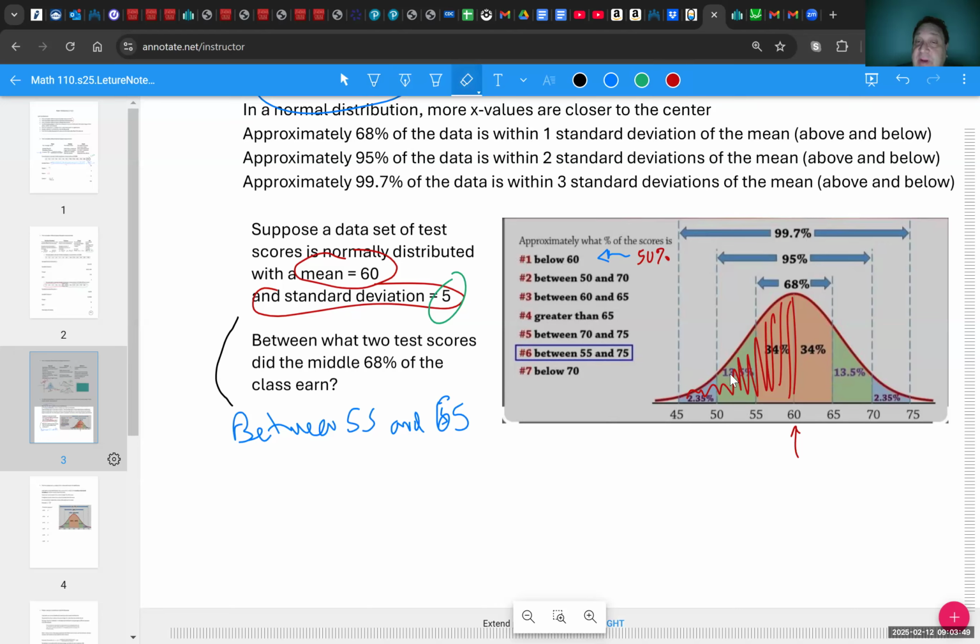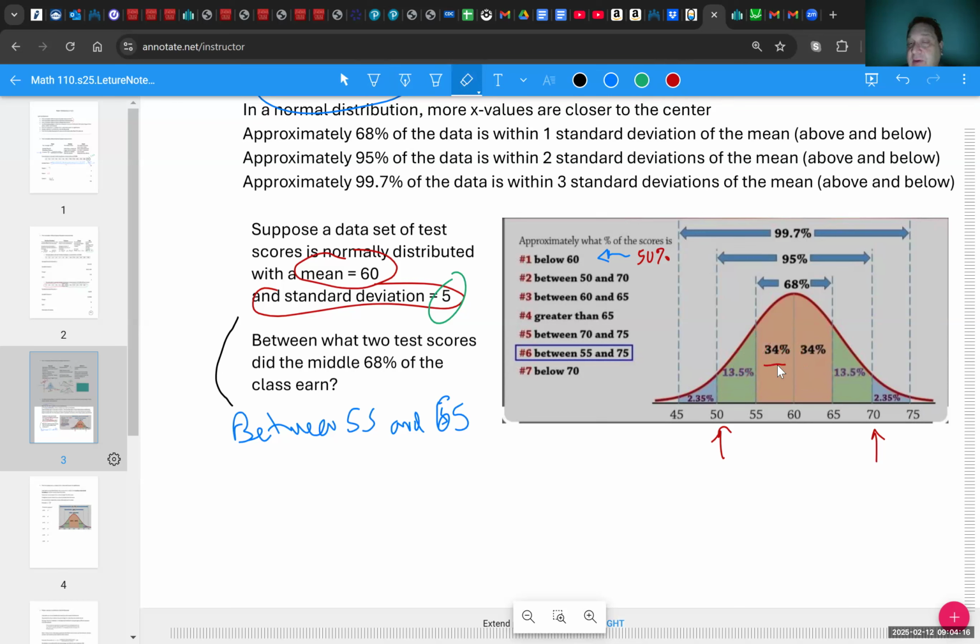What about between 50 and 70? 50 is over here, 70 is over here. Oops, get my pen back. 50 over here, 70 over here. That is between 2 standard deviations. Now you can add up these percentages: 13.5 and 34 and 34 and 13.5, because this range contains all those percentages together.